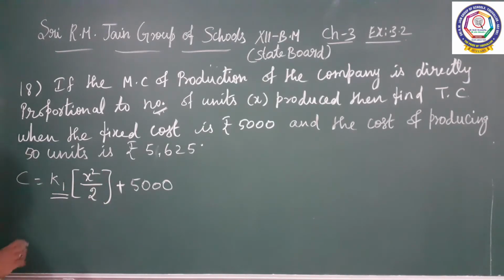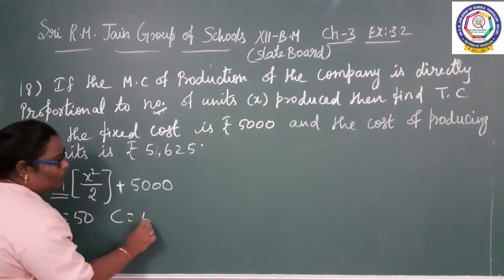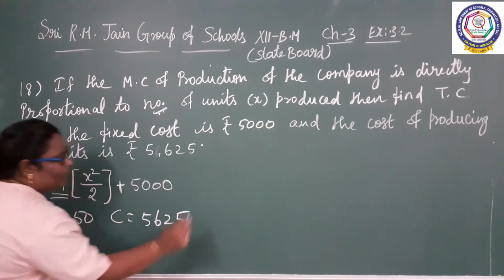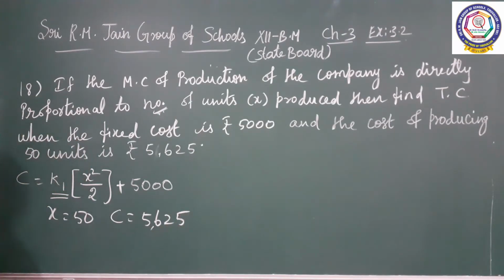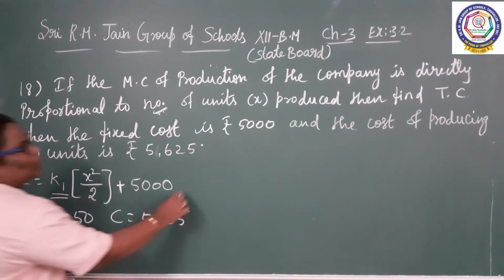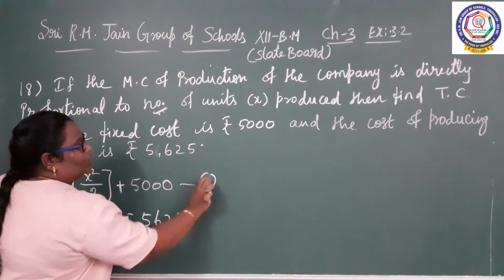Now we are going to find out the value of K1. See, 50 units. What is that 50 units? Output. x equal to 50. What is the value of C they have given? 5,625. C equal to 5,625. You can substitute in this equation.